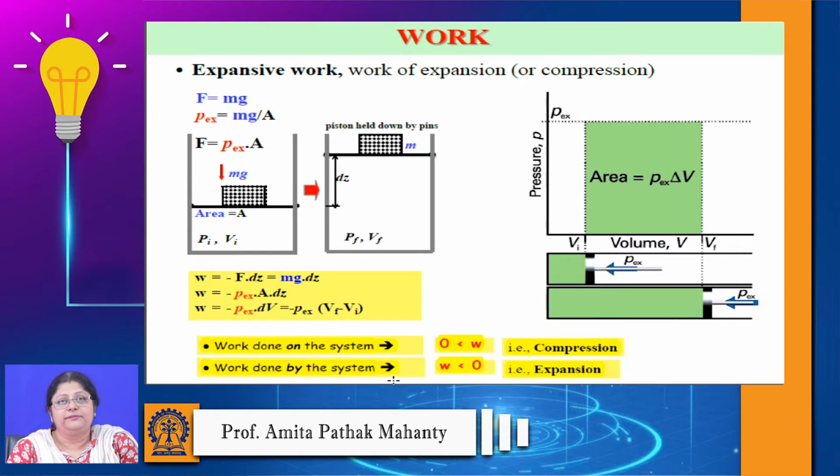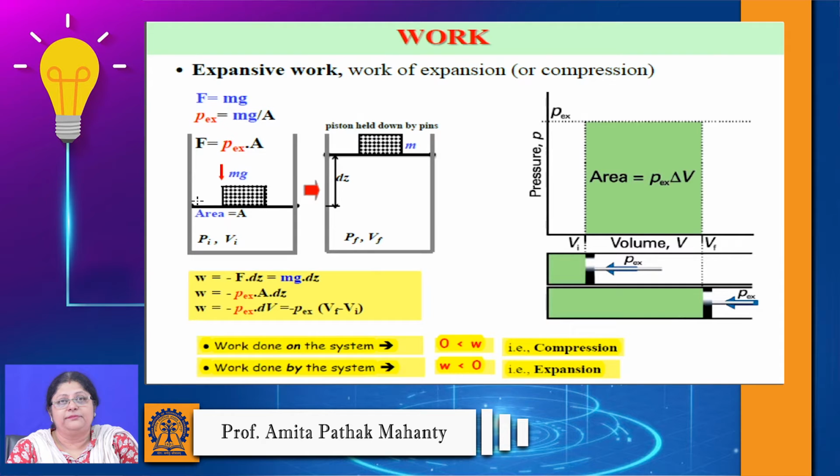If there is a P external, a bag of sand sitting on the lid, and I want to have an expansion, which is done very, very slowly, reversibly. That means if I have an expansion, I take off 1 grain of sand without disturbing the entire system. The system is completely insulated excepting the bottom.